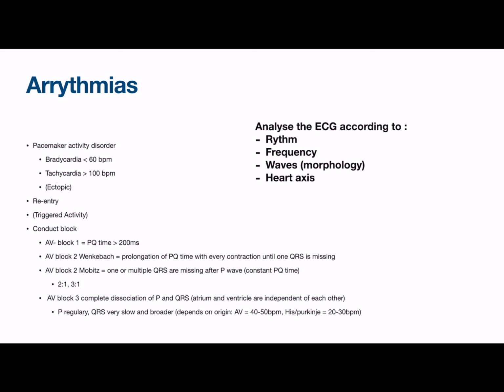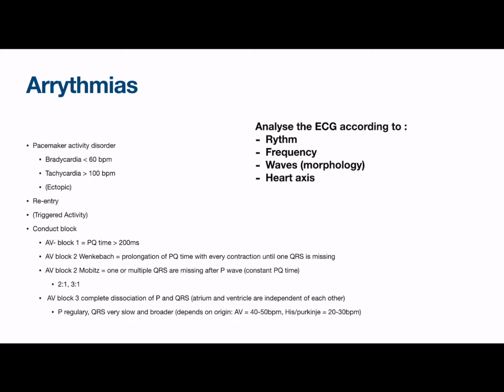In general, the arrhythmias are differentiated into pacemaker activity disorders, re-entry, and triggered activity, but it's not that important yet, only for pathology and pathophysiology, so I won't talk about it in this lecture. And we have conduction blocks. The conduction blocks which are important for physiology are the AV blocks.